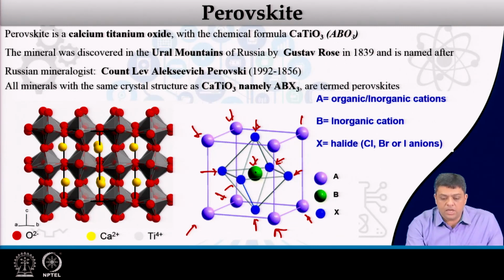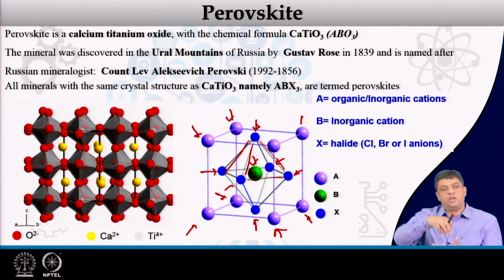And you see this structure forms an octahedra. So, it is called an X halide octahedra here. Otherwise, conventionally it was called an oxygen octahedra. So, you had an octahedra where the inorganic cation was sitting at the center.